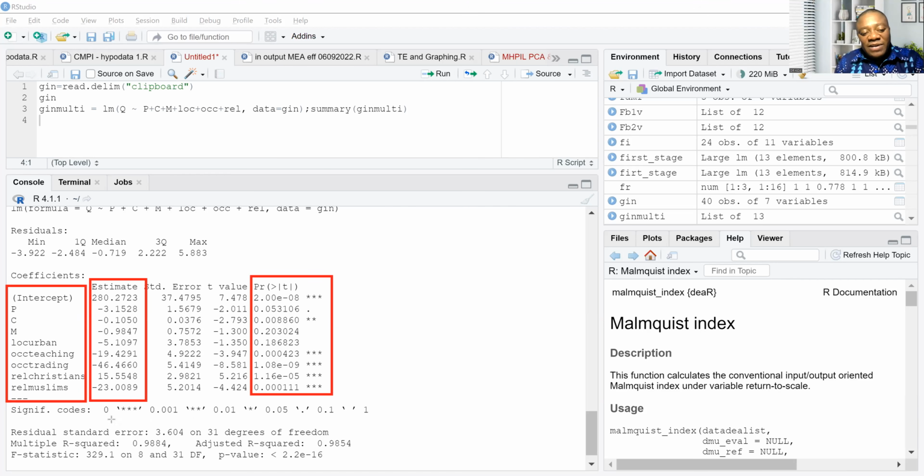When you look at the significance code, you don't even have to check the last 4, because the fact that they have 3 stars means they are significant at 0.1%. That is how you determine significance.